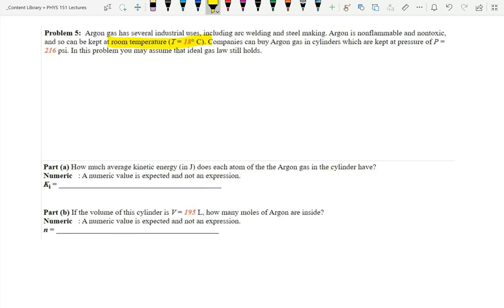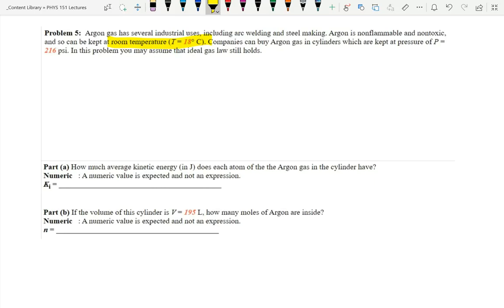It's probably not something we'd consider diffuse at this point. So that's why it makes that statement, so you still use the ideal gas law. So how much average kinetic energy in joules does each atom of the argon gas in the cylinder have? A numeric value is expected, not an expression. So we're going to find the number, not just the equation.